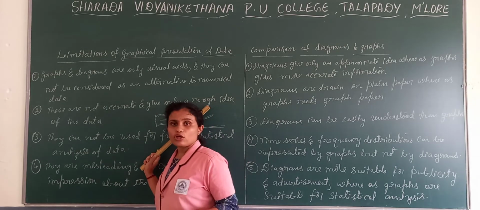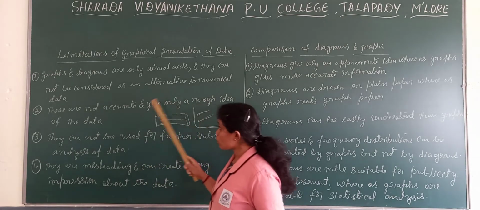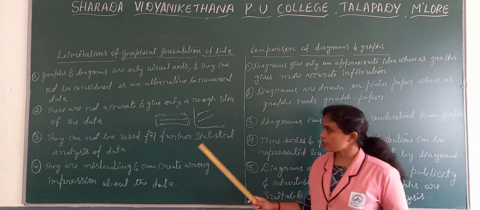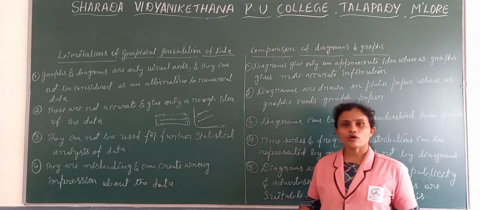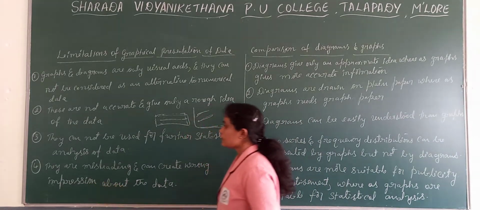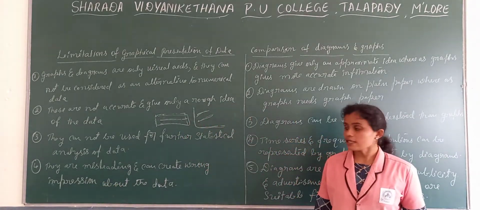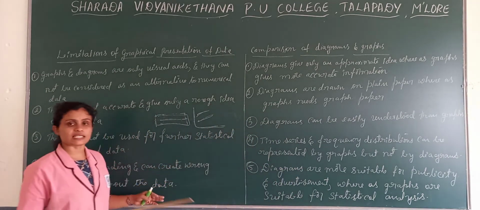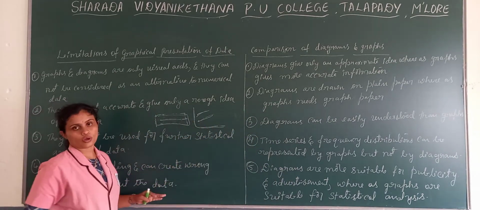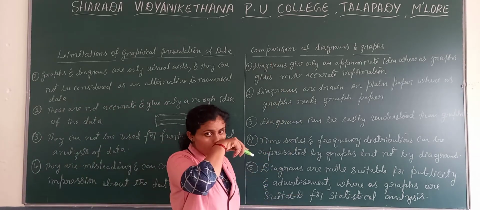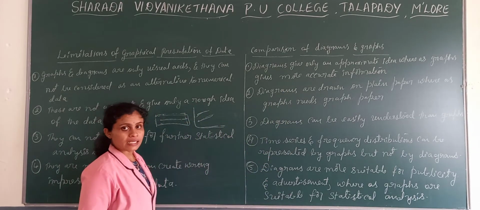They cannot be accurate; they can only give a rough idea of the data. Two, we cannot use it for further statistical analysis or study. Three, they can mislead the people who watch or refer to it, if it goes wrong. Next we will move towards the comparison of diagrams and graphs.